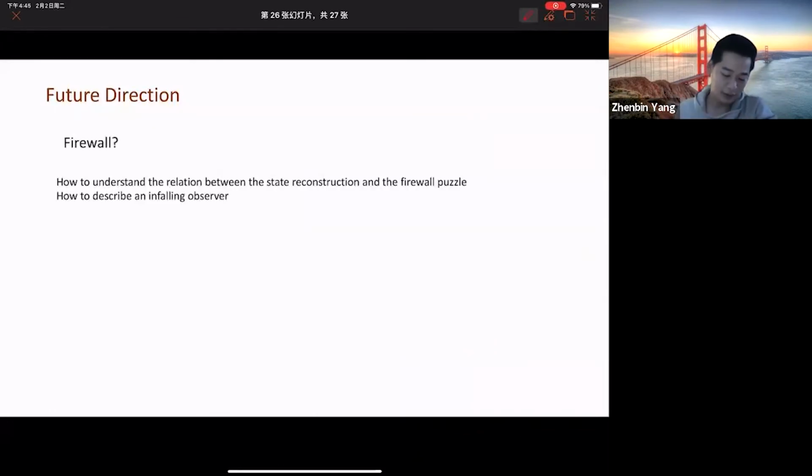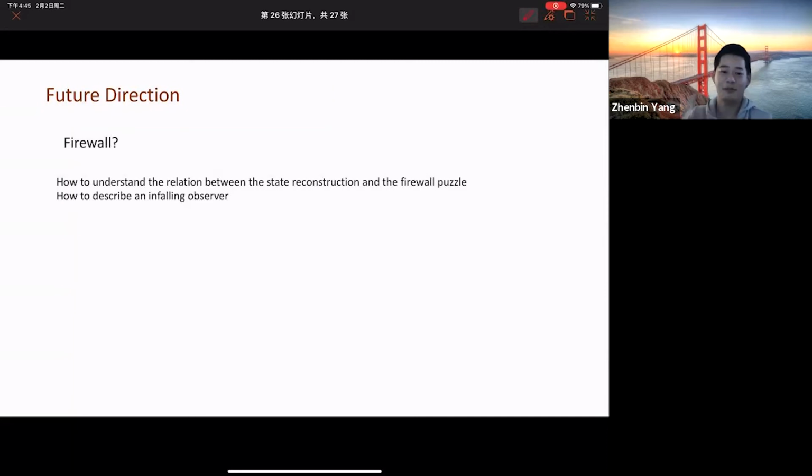I don't know much about the microstate firewall puzzles. I don't know how to describe an infalling observer to test whether there is a firewall or not. But the papers I read confuse me a lot.